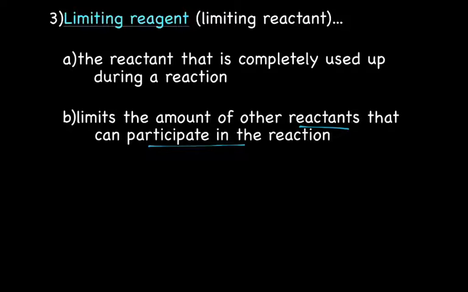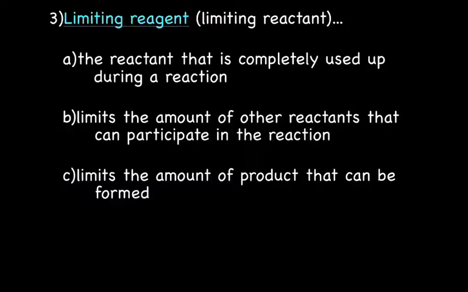Even though we had 5 bodies, the number of wheels limited how many bodies we could actually use. The limiting reagent limits the amount of product we can make. Again, even though we had 5 bodies with 8 wheels, we could only make 4 bicycles, our product.